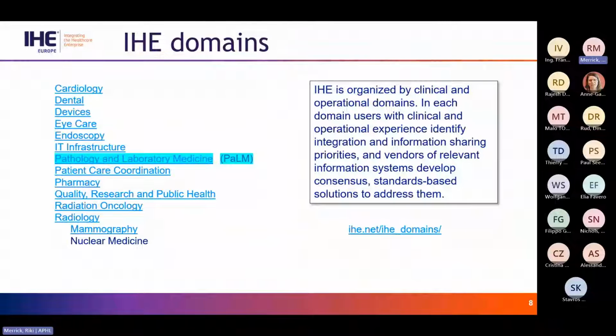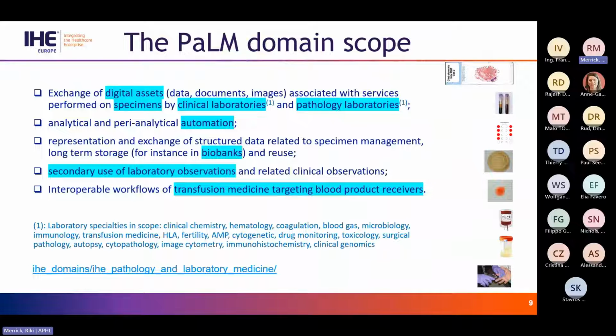So there are several domains in IHE, and the pathology and laboratory medicine domain is the one we're going to talk about. It used to be called lab and anatomic pathology, and we merged those two together. So what is in our domain space? It's the exchange of digital assets associated with services performed on specimens by both clinical and anatomical pathology laboratories.